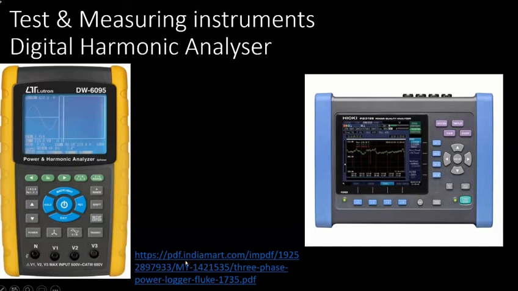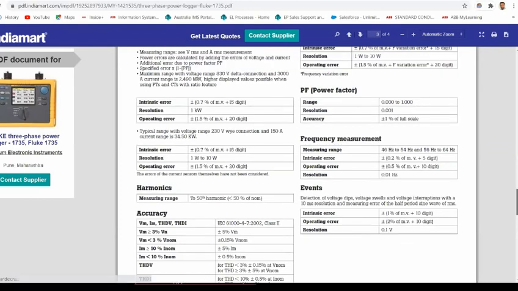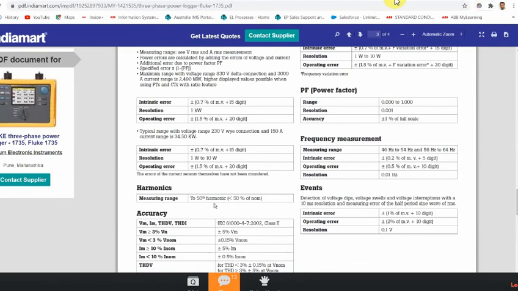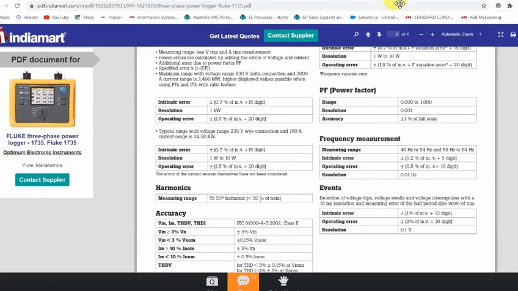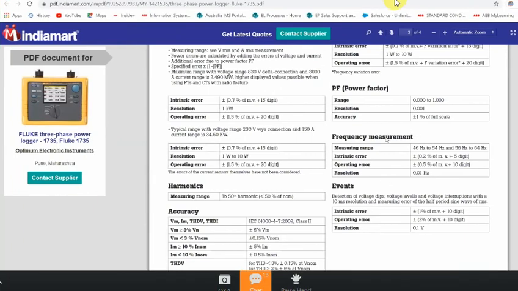These are very complex technical products. You never know, some of you may actually get involved in designing this sort of equipment. I wanted to introduce these instruments to you. As you can see here, you can measure harmonics up to the 50th harmonic level, and it can give you power factor levels and total harmonic distortion.